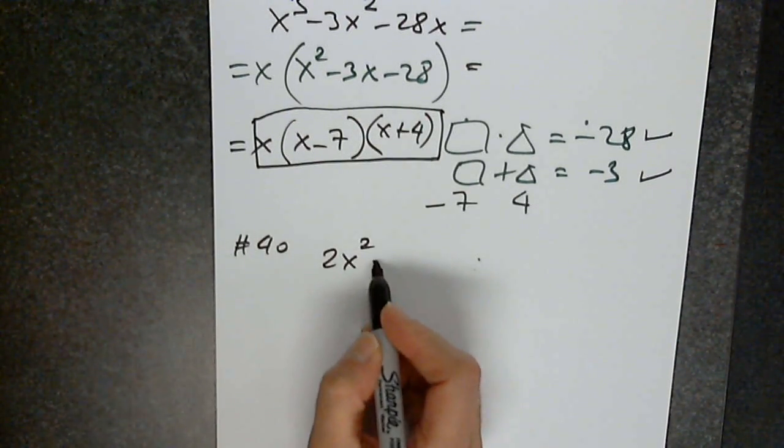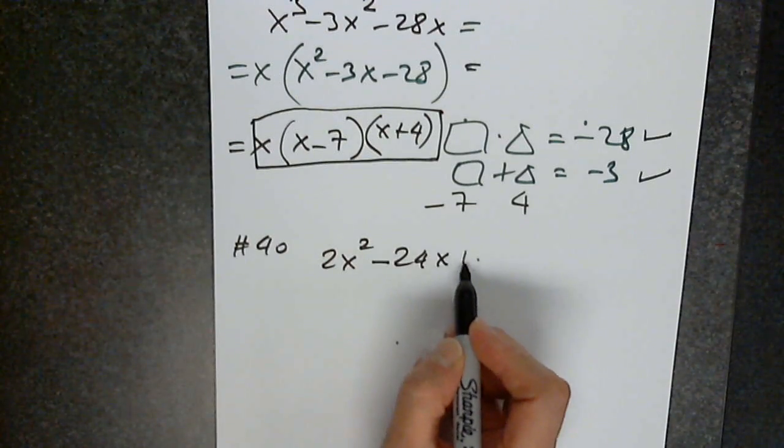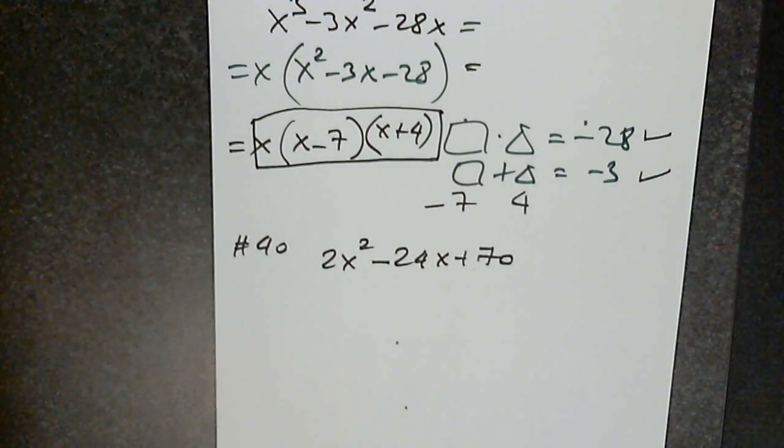So 2x squared minus 24x plus 70. So let's work on this problem for 1 minute.